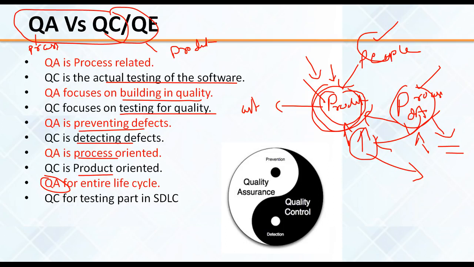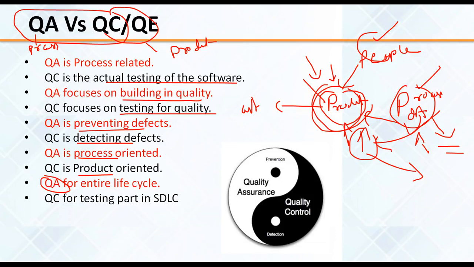All these activities are processes defined by the QA. But QC is involved only in the testing phase, because only in the testing phase we test the software according to the customer requirement. So there QC will come into the picture. Quality control is basically responsible for testing the product according to the customer requirement.